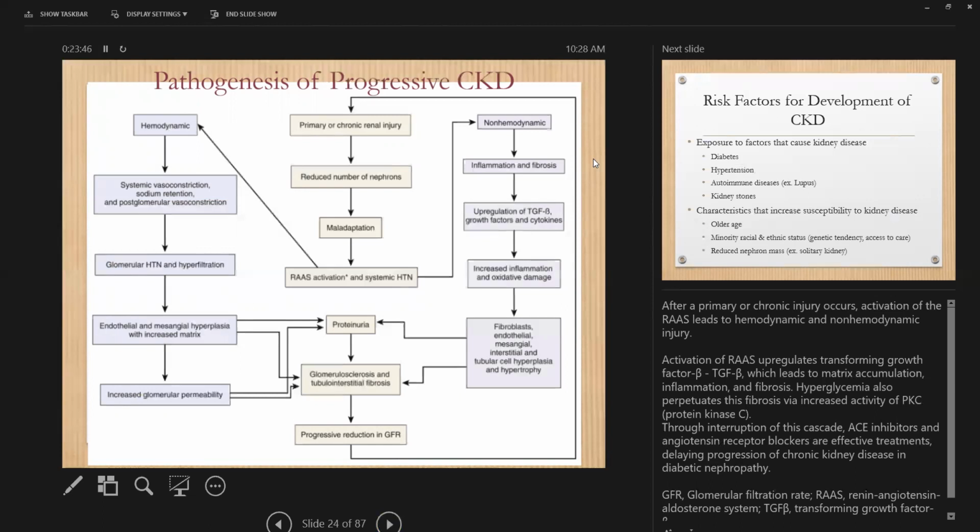So when we look over at the hemodynamic, we see the words vasoconstriction, sodium retention, glomerular hypertension, and you see all of that above the hyperplasia and the permeability changes that occur.